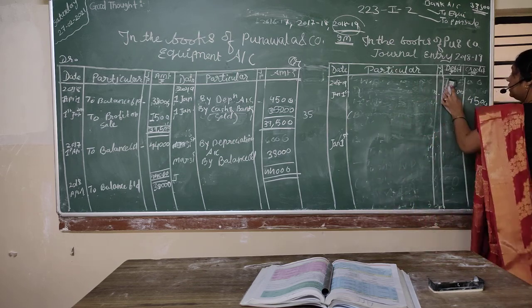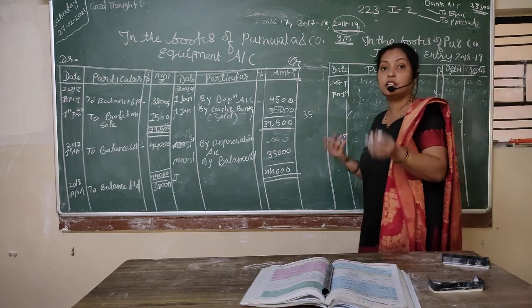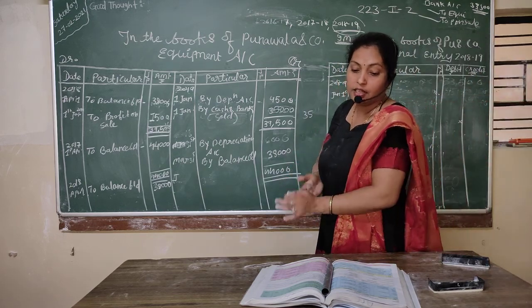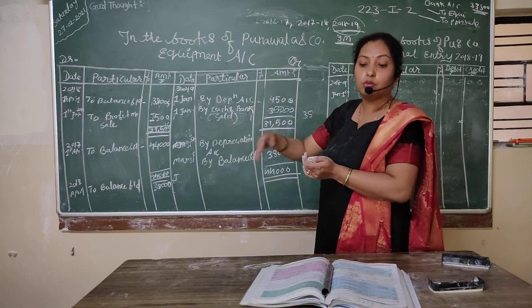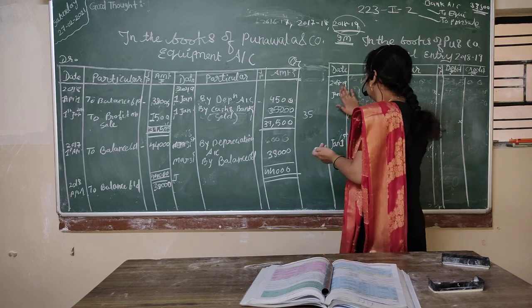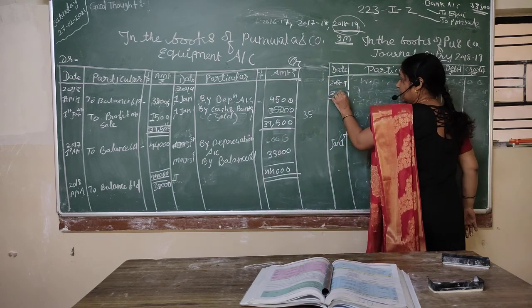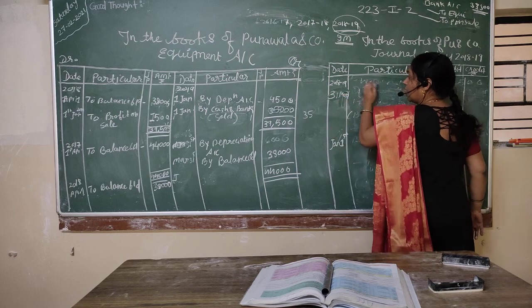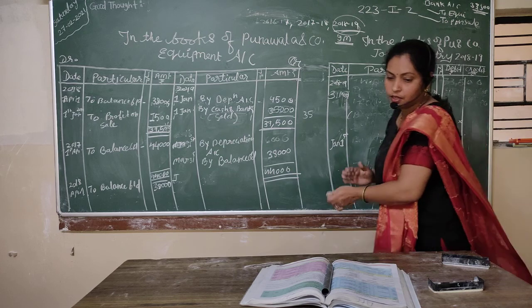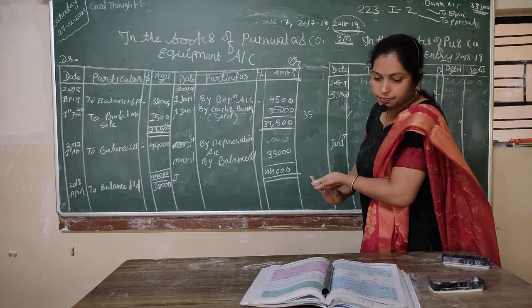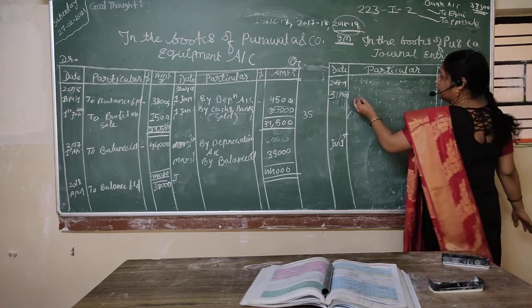First you have to transfer the depreciation to P&L, and second you have to transfer the profit on sale of equipment to the P&L. Remember students, this entry will be done at the end of the year only. So here I will write 31st March, and first I will transfer the depreciation and then the profit. You can do either one first.